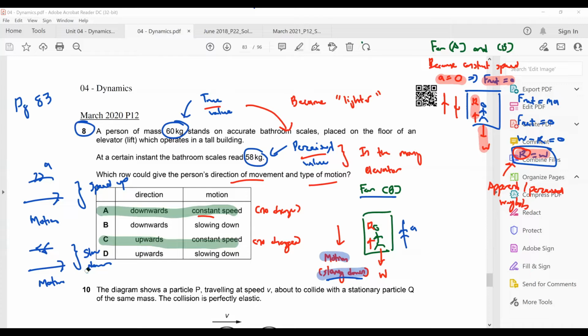So now if I apply F net equals ma here, R is in the same direction as my acceleration, so it will be R minus W equals ma. So R will be equal to W plus ma. Your weight is added with ma. So this one you feel heavier.